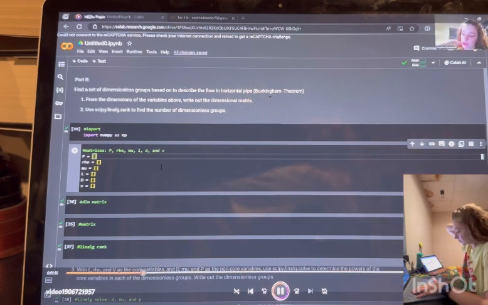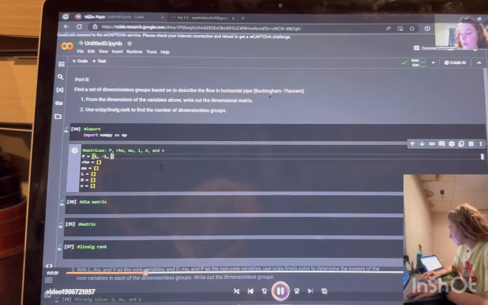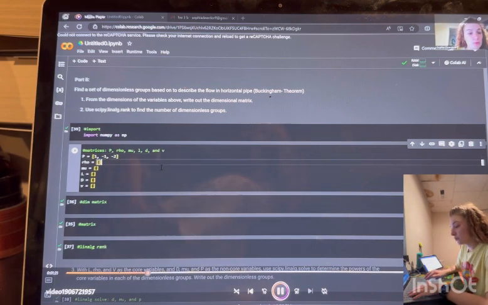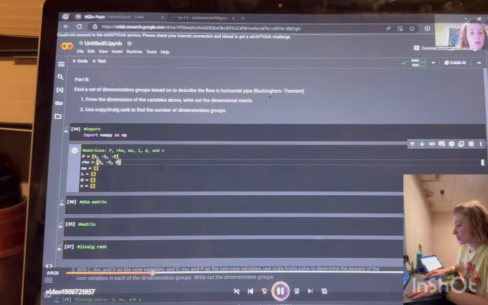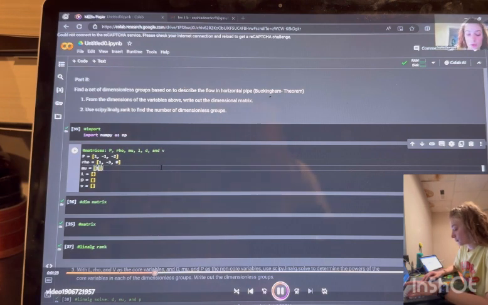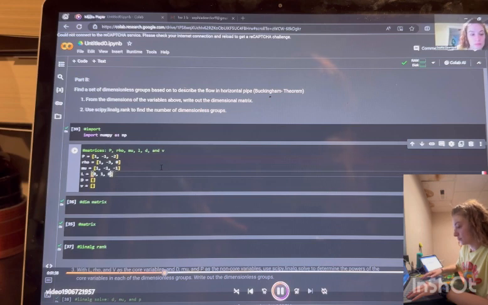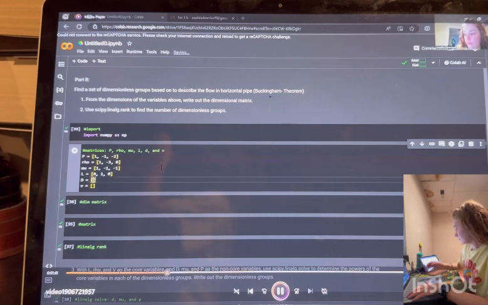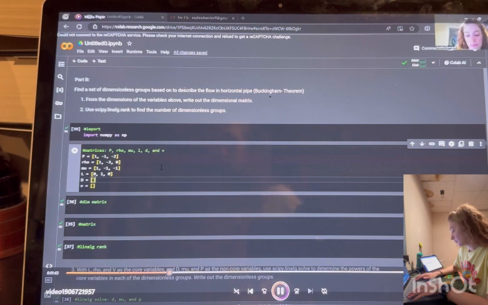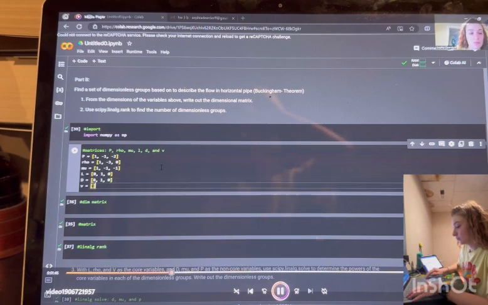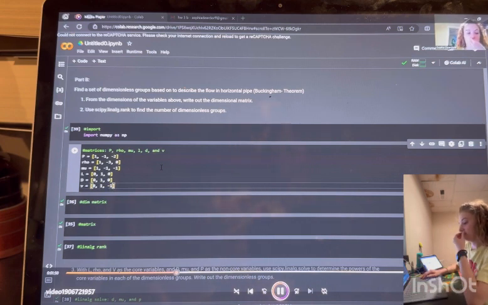So for the pressure, we found that we got 1, -1, and -2. 1, -3, and 0. 1, -1, -1. 0, 1, 0. And then 0, 1, -1.